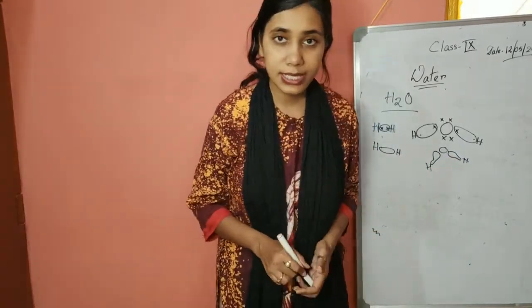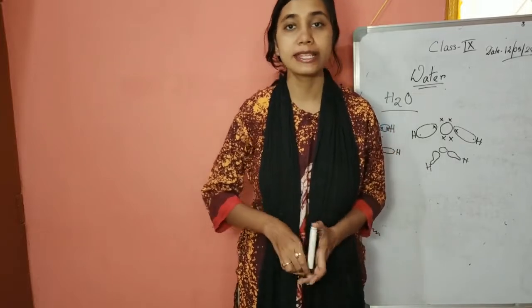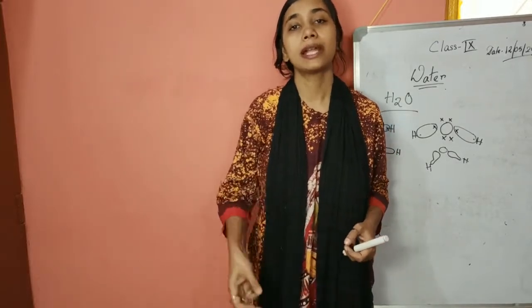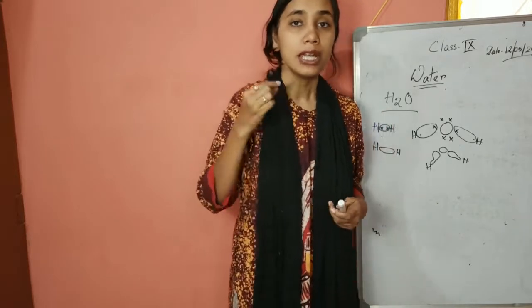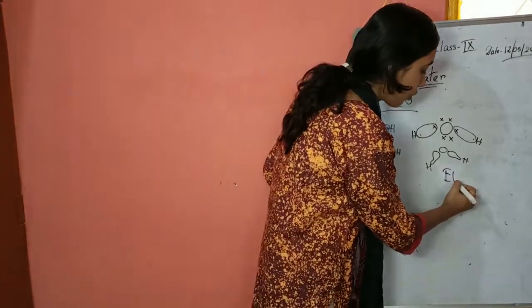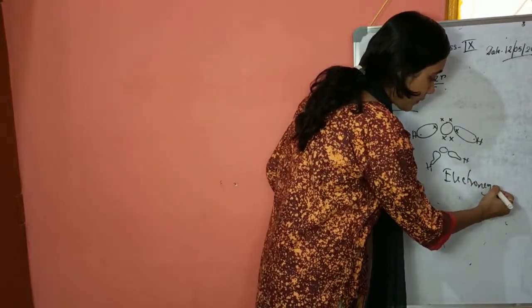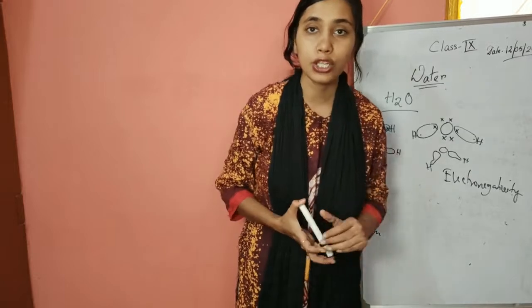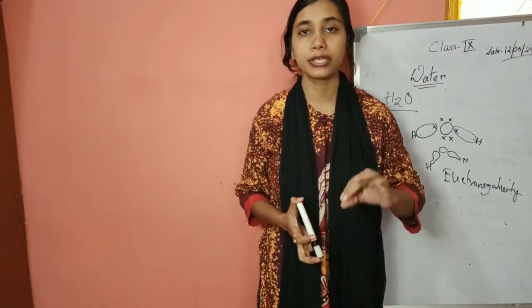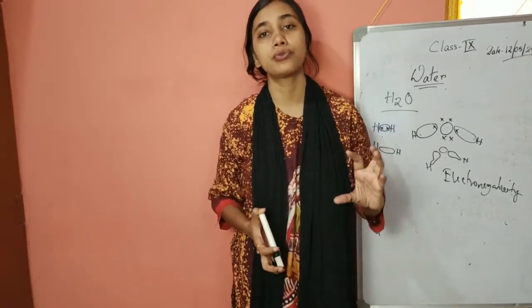Why is it thicker towards the oxygen? Because oxygen has more tendency to attract the shared pair of electrons towards itself, and here we will use the term electronegativity. What is electronegativity? Electronegativity is the tendency of an atom to attract the shared pair of electrons towards itself.